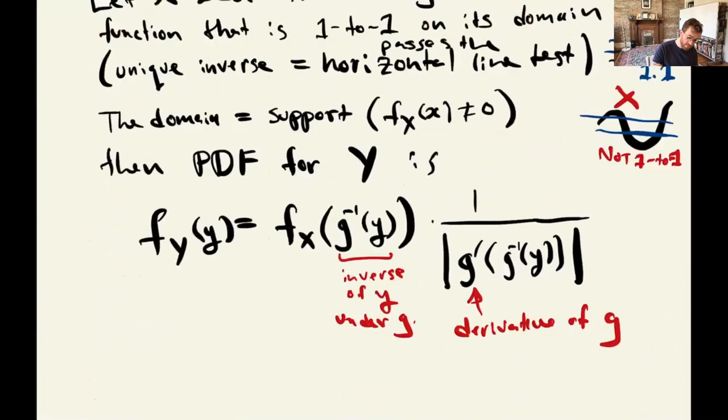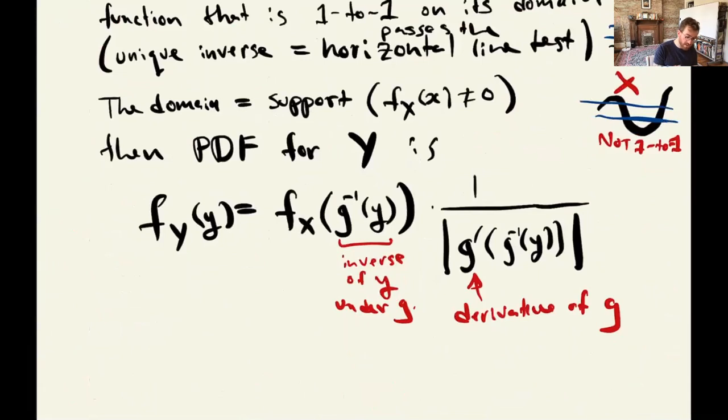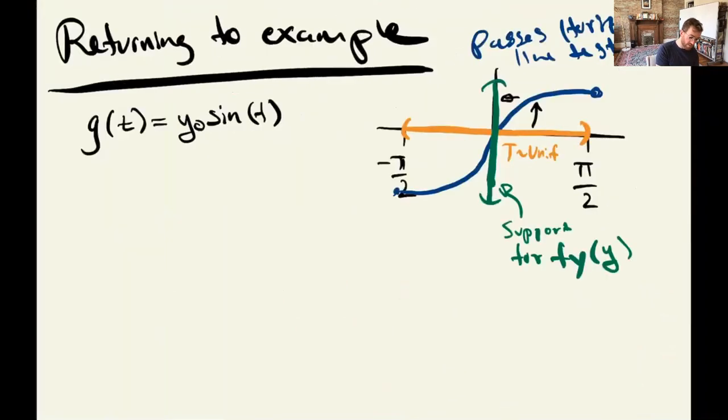So just to go back real quick. So we've got g, we need to figure out what inverse g is. We know what x is, it just ends up being uniform. Although let's double check and make sure we understand what is f of x here. So here we think of x as equal to t, which is uniform on minus pi over 2 to pi over 2.